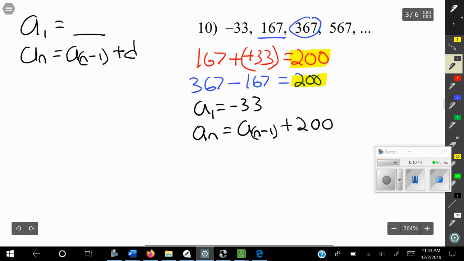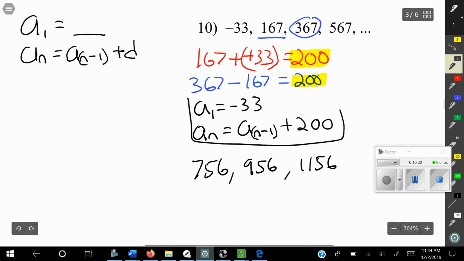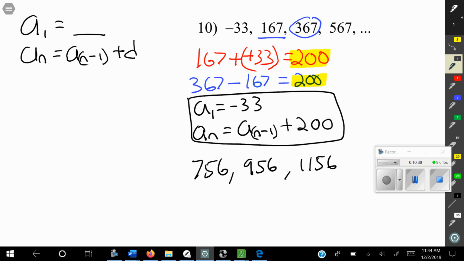And that'll get me 756, 956 and 1156. But this is my recursive rule right here. And that's it in a nutshell.